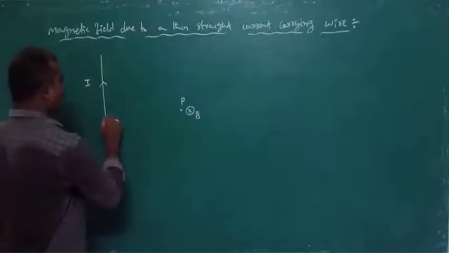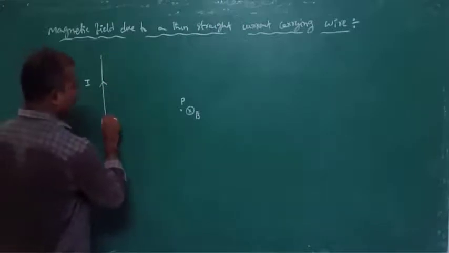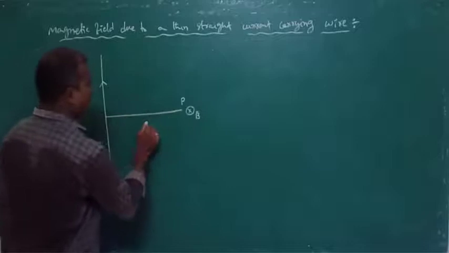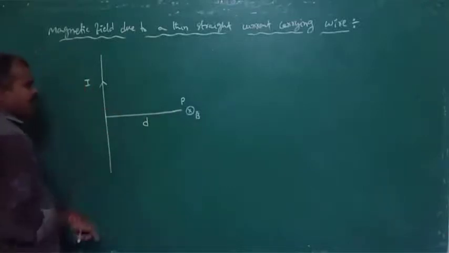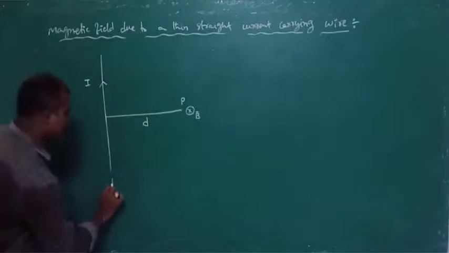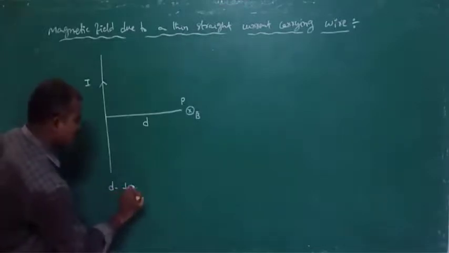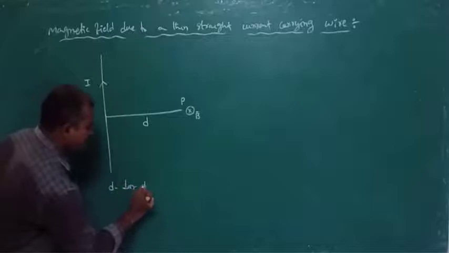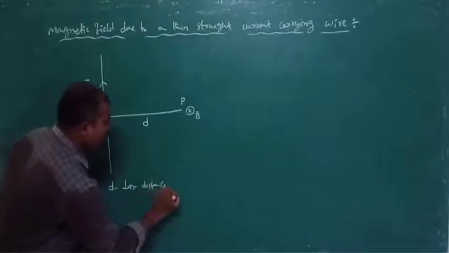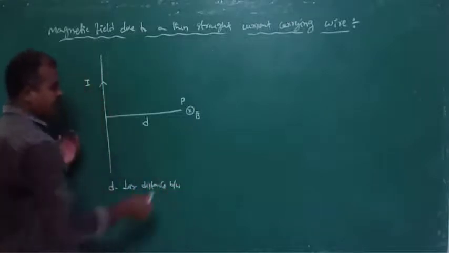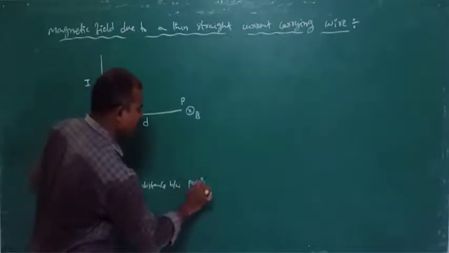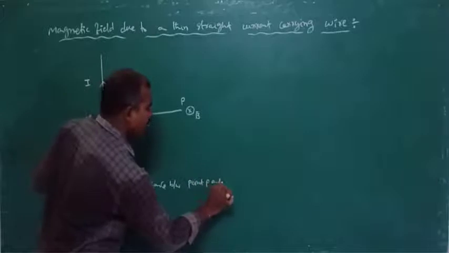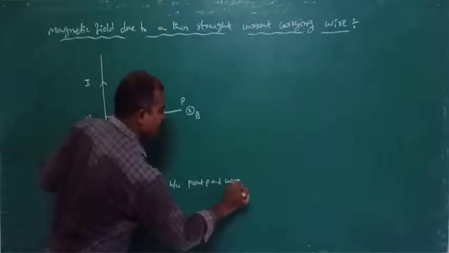So we take the perpendicular distance between the straight current carrying wire and this point as d. d is the perpendicular distance between point P and the current carrying wire.